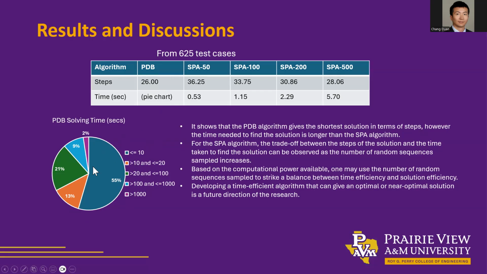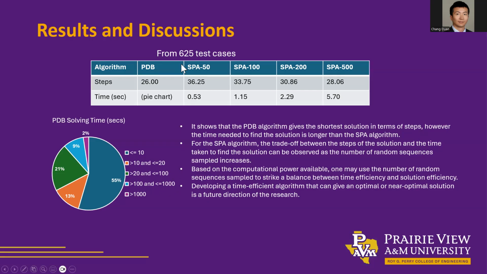So we can see 55% of the 625 cases take less than 10 seconds. But there's still 11%, 9 plus 2, that takes more than 100 seconds to find a solution. So that is not ideal, not desirable if you want to implement it in real time.